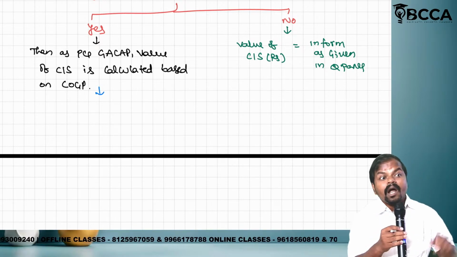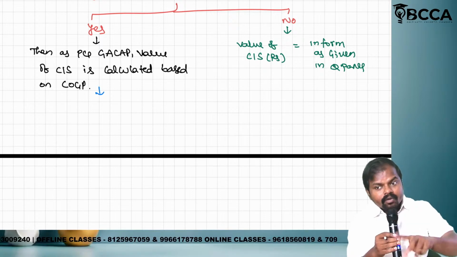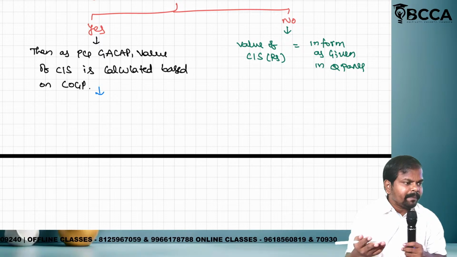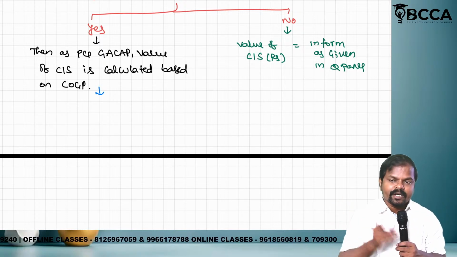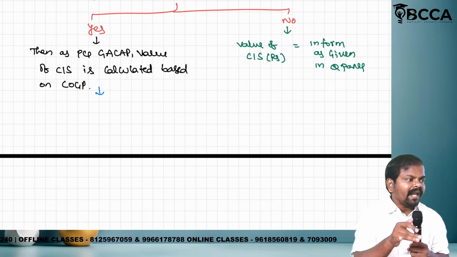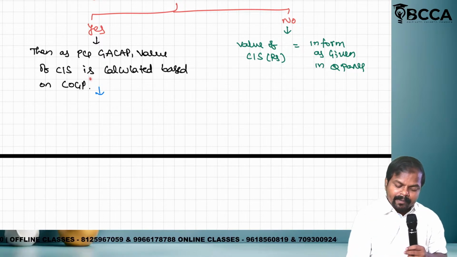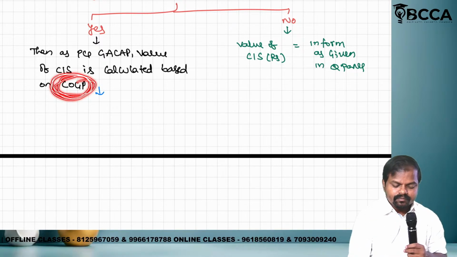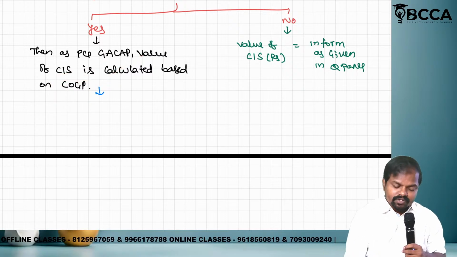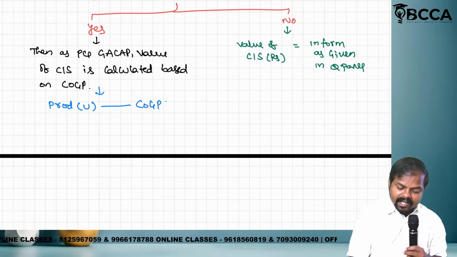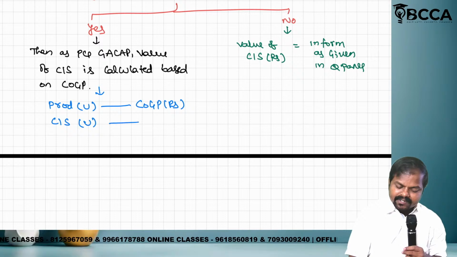Now tell me, what information do you have to search for in the question paper? Units of closing stock. If it is not given, whatever value is given in the question paper, the same value shall be considered for cost sheet purpose. If units of closing stock are given, then you should value based on COGP. Production in units, COGP in rupees. Closing stock in units, question mark.